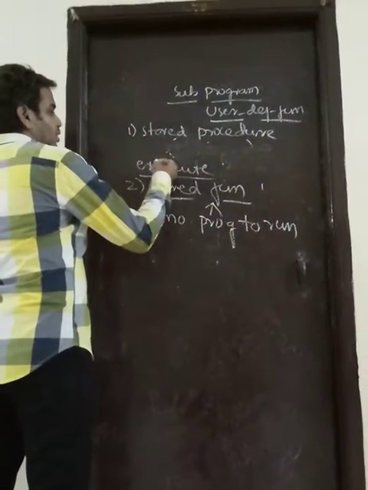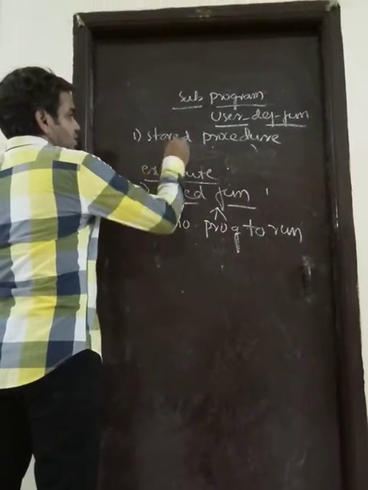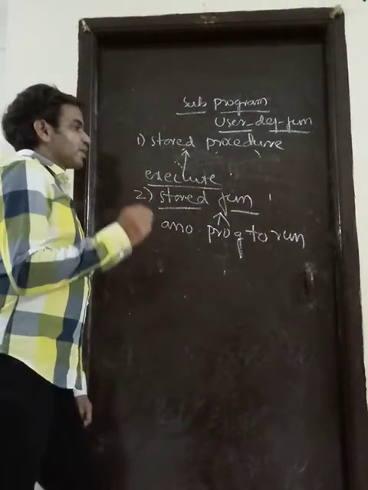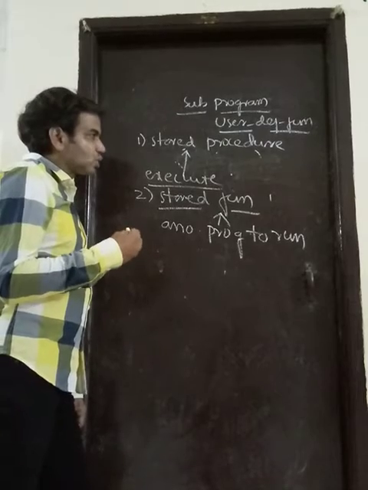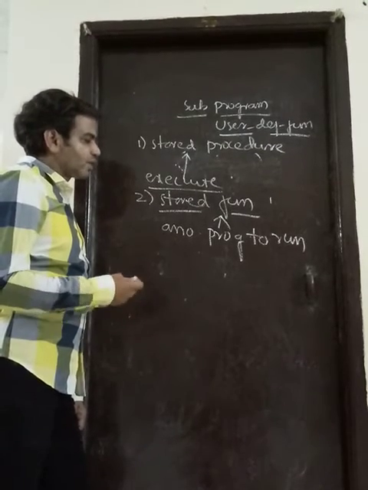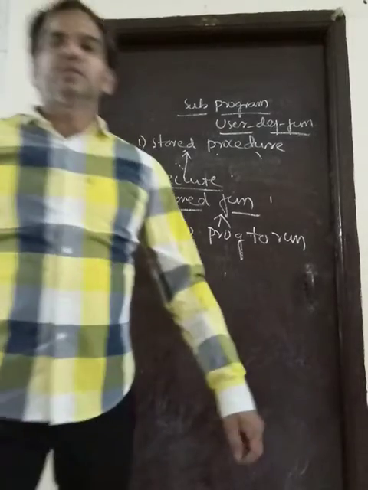To run a stored procedure, we should use the execute command. That is the difference. The execute command is used to run the stored procedure, whereas to run the stored function we are using another program. Okay.